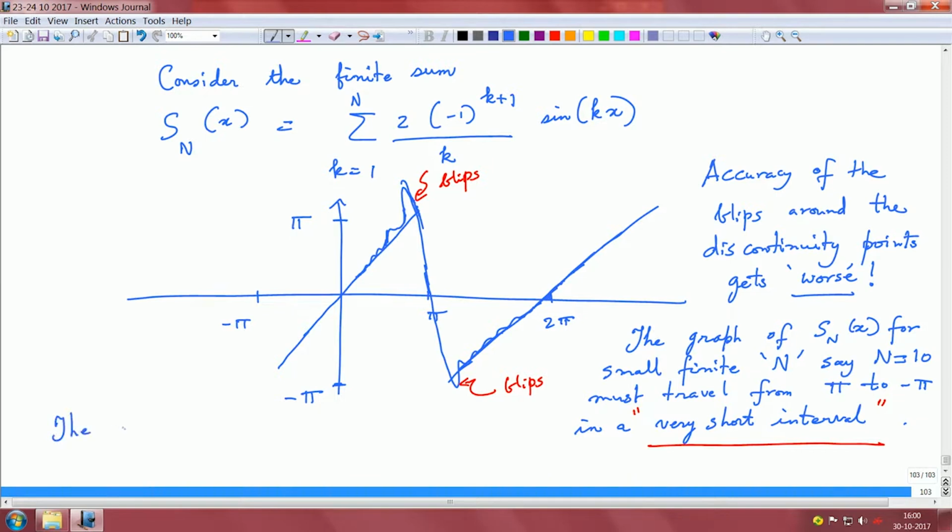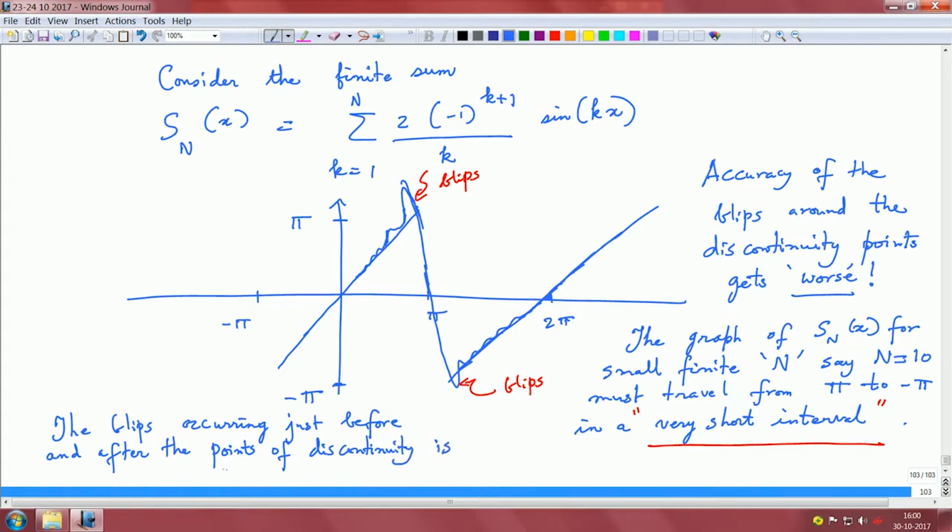So, the blips occurring just before and after the points of discontinuity is called Gibbs effect.